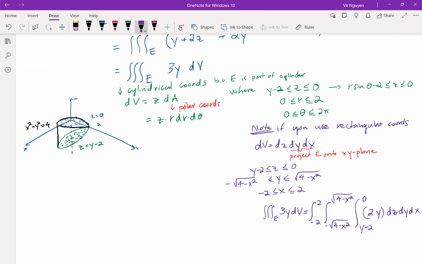Using cylindrical coordinates, life is a little easier.